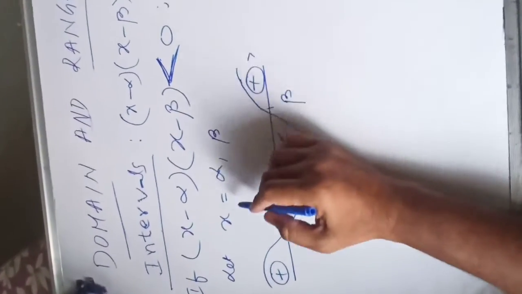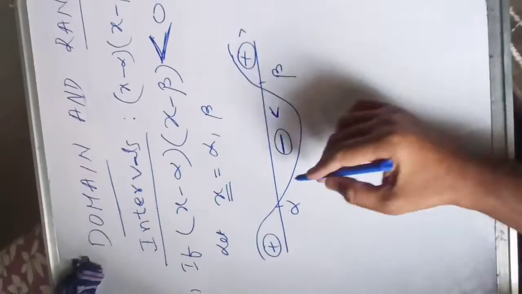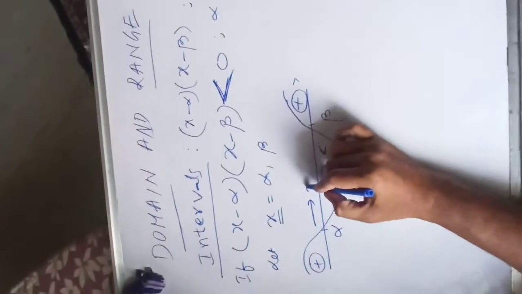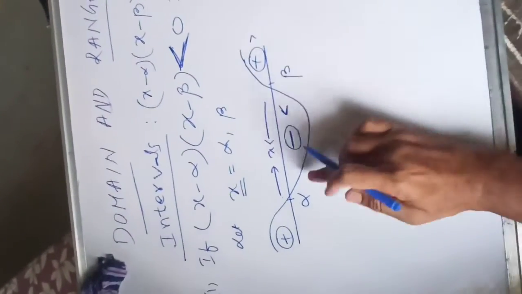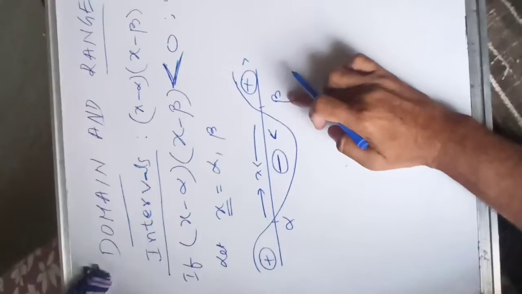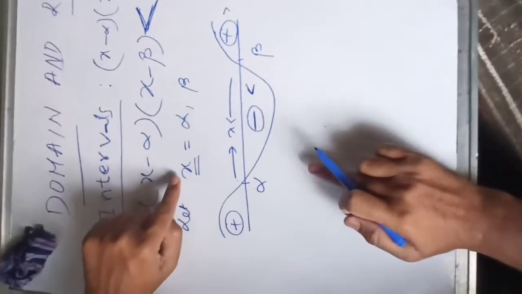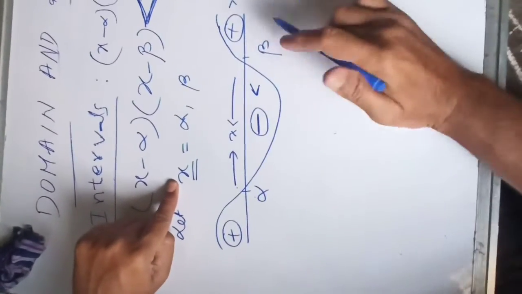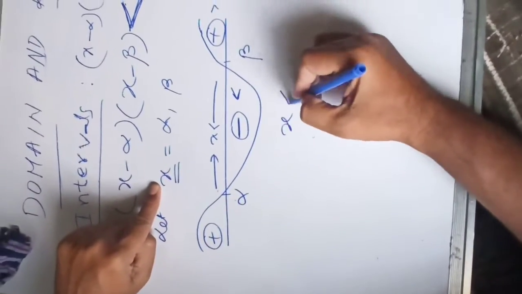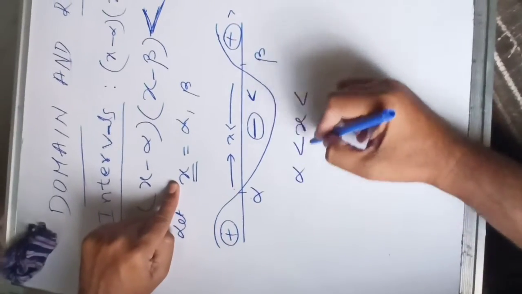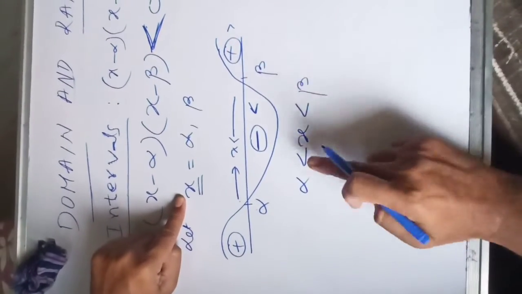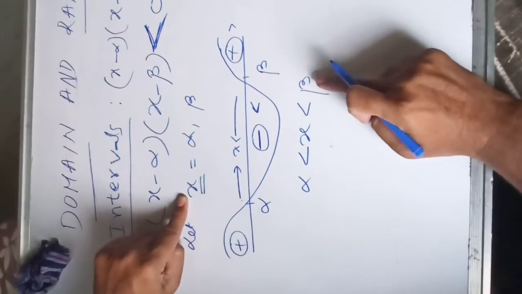So our answer x lies between alpha and beta.